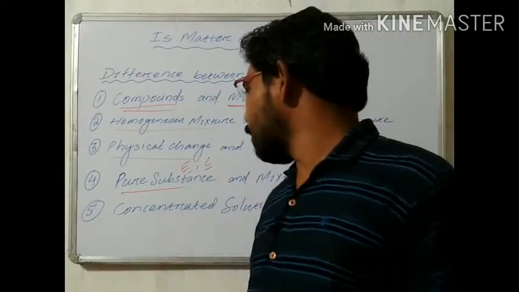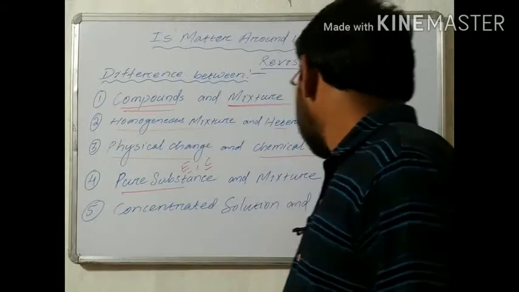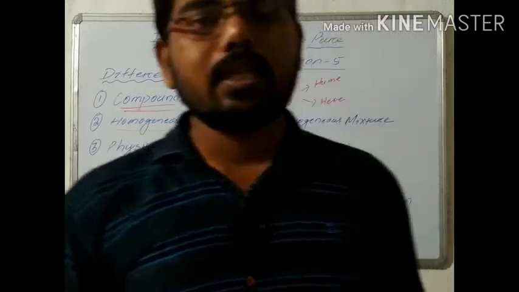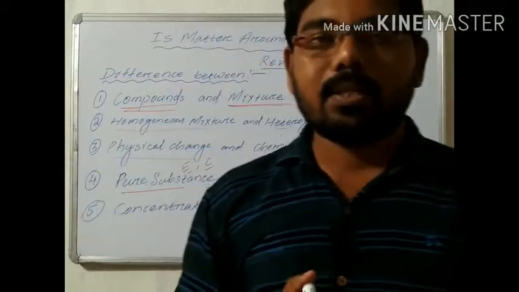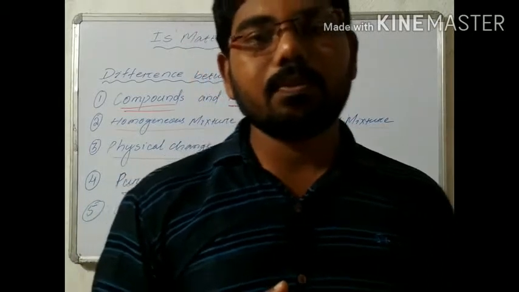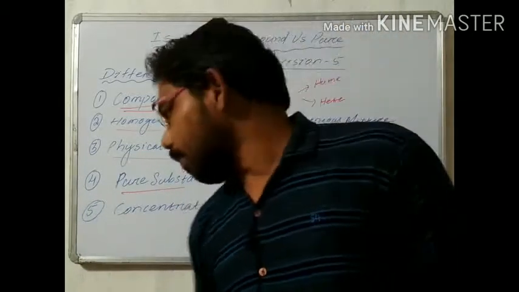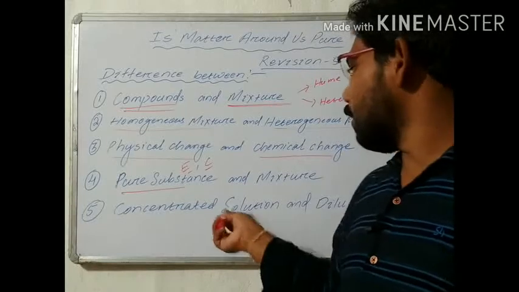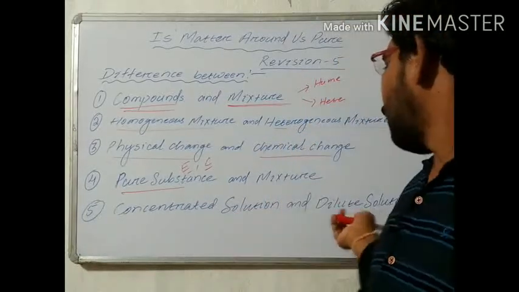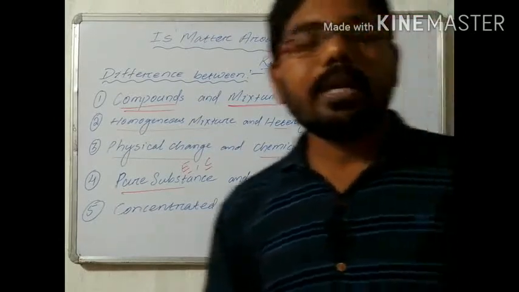The next question is concentrated solutions and dilute solutions. A concentrated solution has more strength and we have not added water, like concentrated HCl, concentrated H2SO4. When concentrated acids are diluted, meaning we add water, they change into dilute solutions.